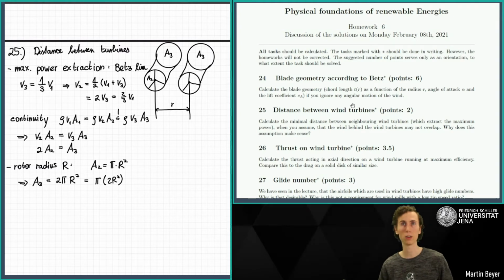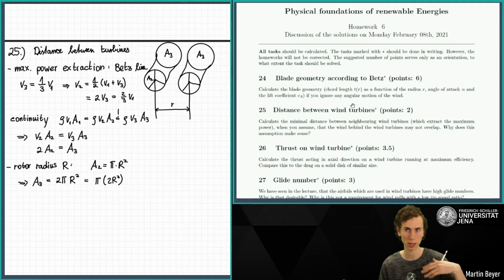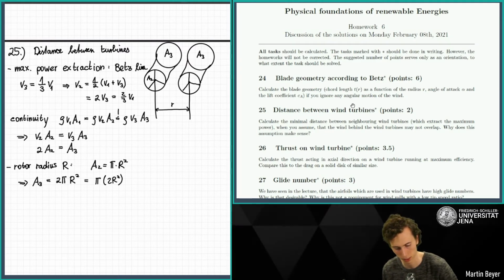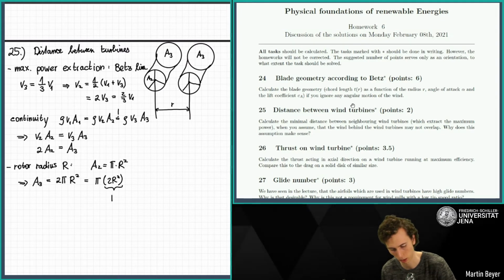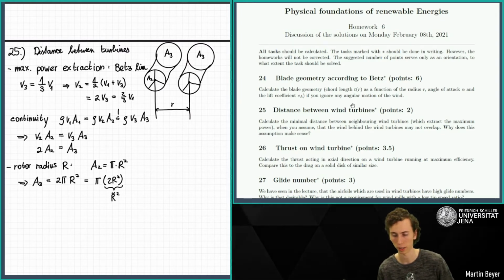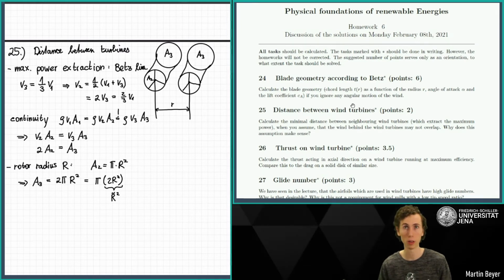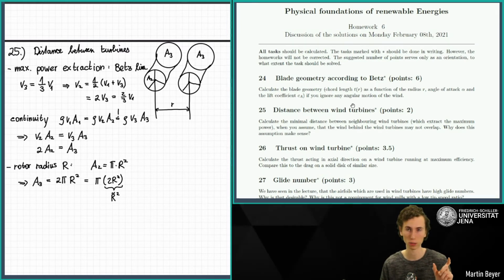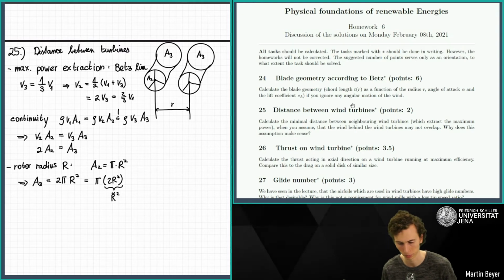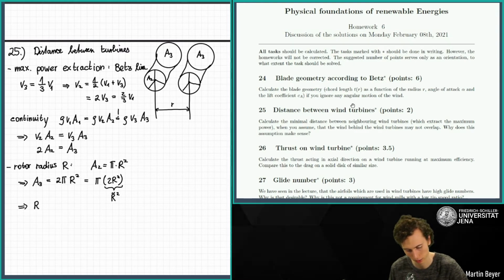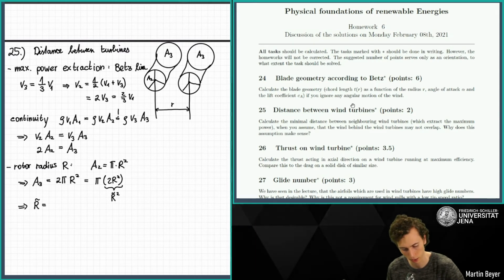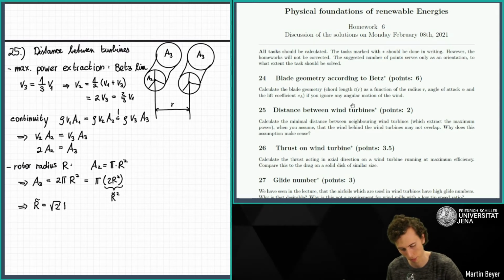And we see that our new radius of the areas far behind the wind turbine is just this quantity here, which we call r tilde squared. Okay, so we know that the radius of the wind channel is r tilde. And we can find r tilde just as the square root of 2 times r.